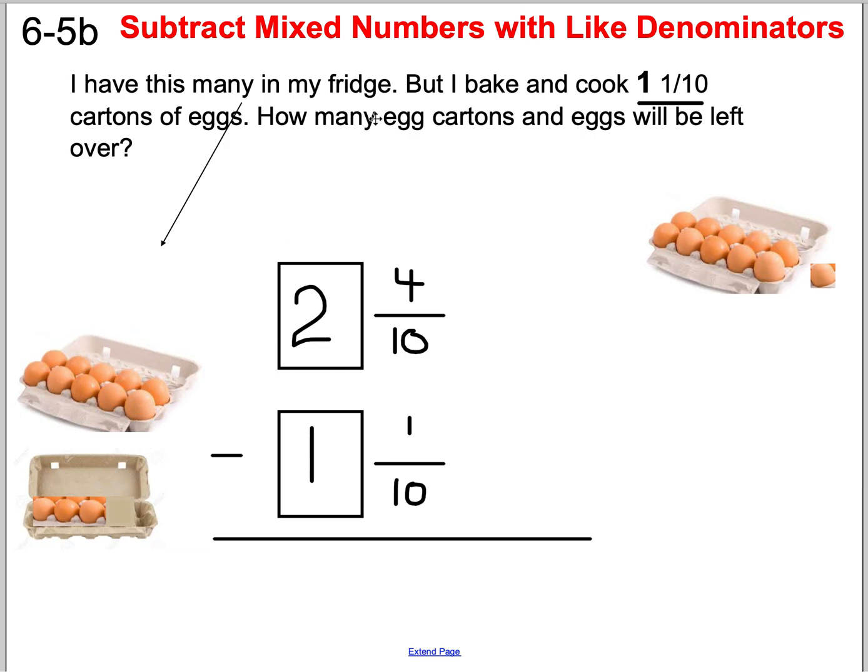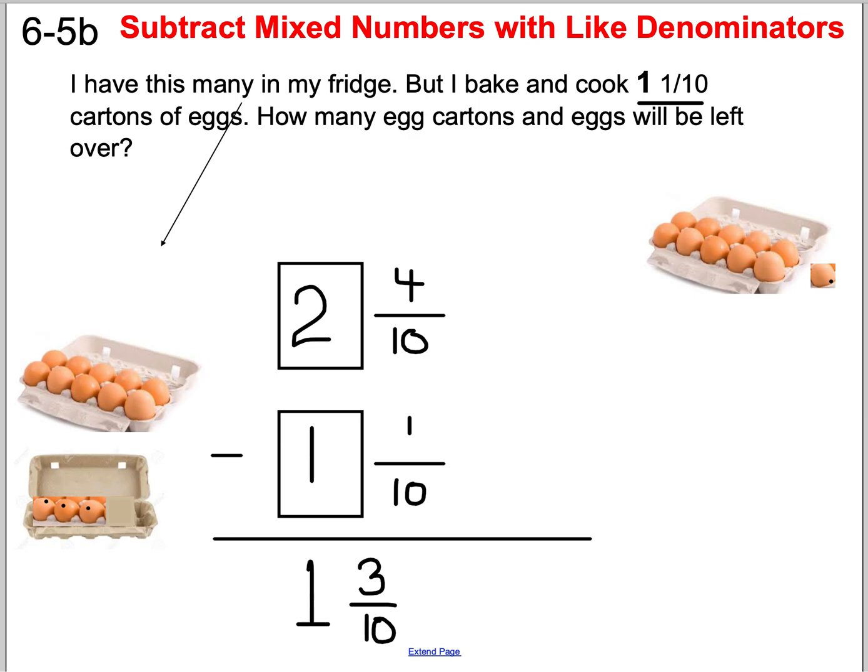I have 1 whole carton left. And how many tenths do I have? 1, 2, 3. A whole carton is 10. So I have 1 3/10 cartons of eggs after I used a whole carton and an extra tenth. Seems pretty easy right now, right? Don't worry, it gets harder, but not for today.